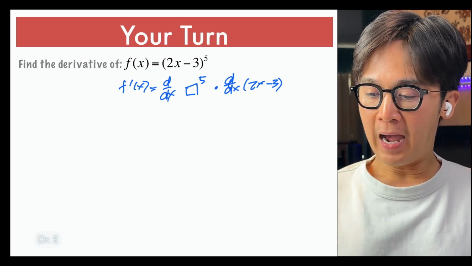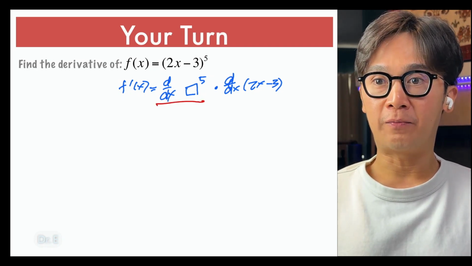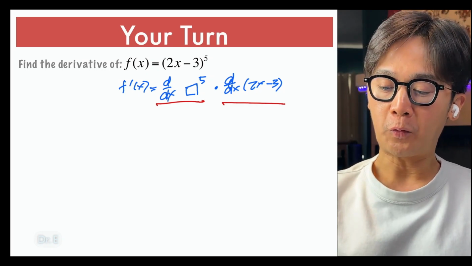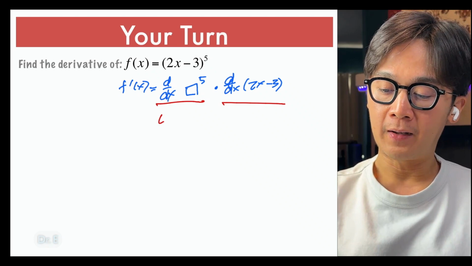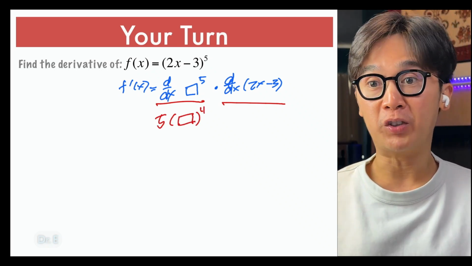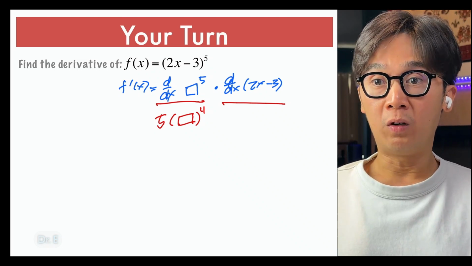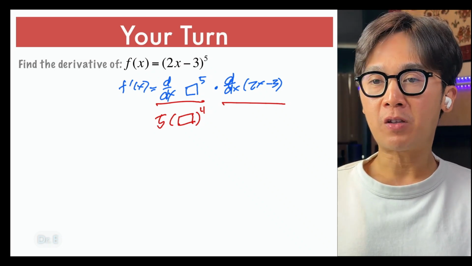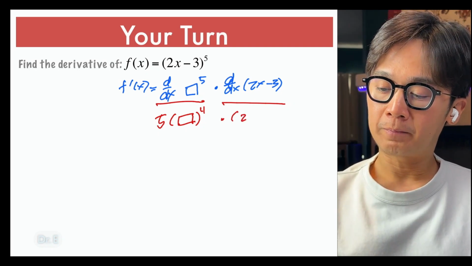So here I have the derivative of the main function and the derivative of the subfunction, g of x. For the first part, we have 5 box to the 4th, because we're simply using the power rule for box to the 5th power. And the derivative of 2x minus 3 is simply 2.